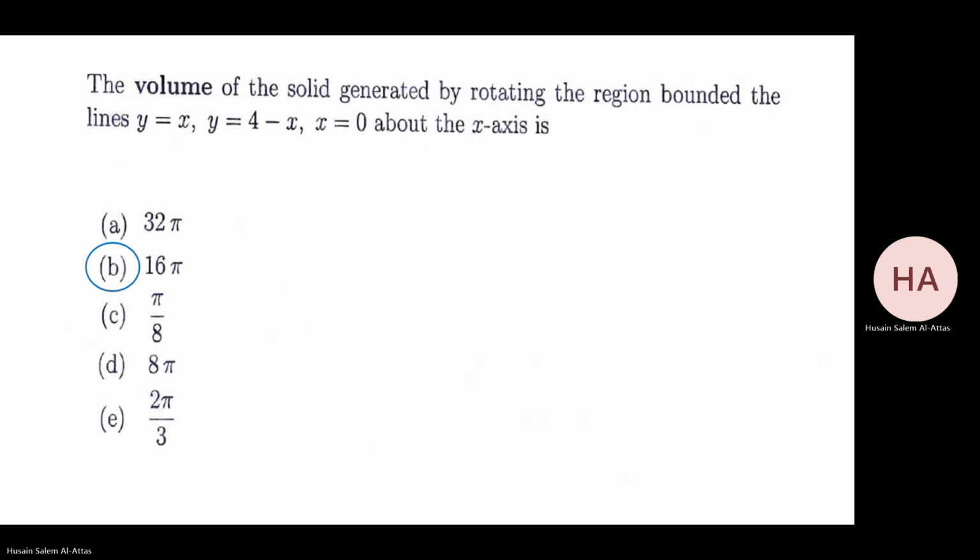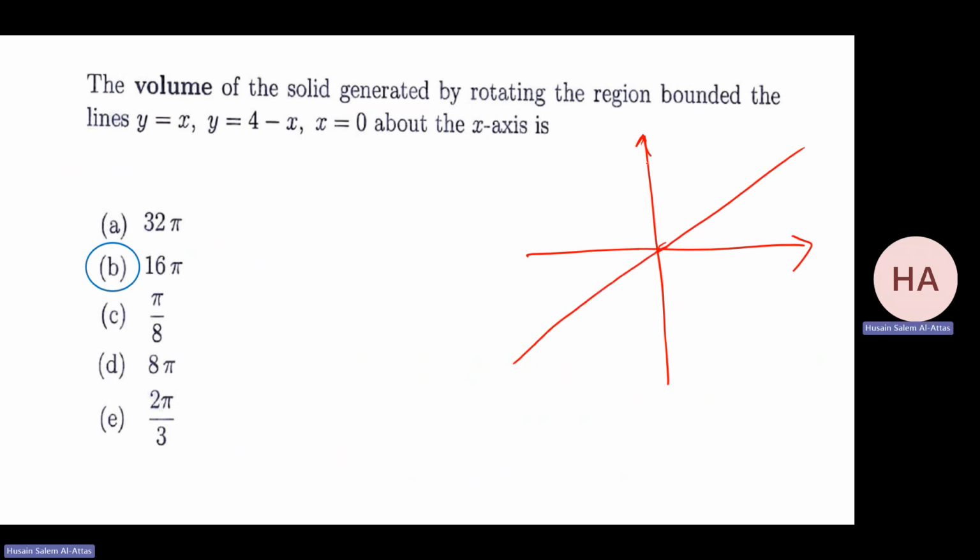Next one. The volume of the solid generated by rotating the region bounded by the lines y equal x, y equal 4 minus x, and x equal 0 about the x-axis. Well, the x-axis, I'm working with the x values. Okay. This is y equal x.